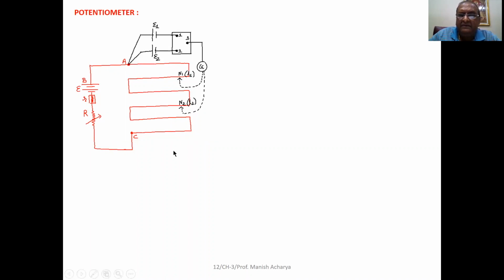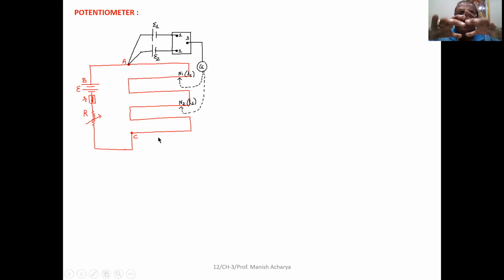Now see the figure here. This red circuit given to you, that is the potentiometer circuit. In the potentiometer circuit, between A and C, the long wire is connected. This long wire is of length 200, 300, 400, 500, 600 centimeter, as per convenience.